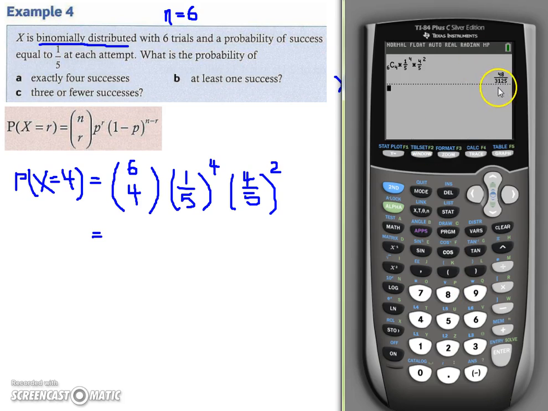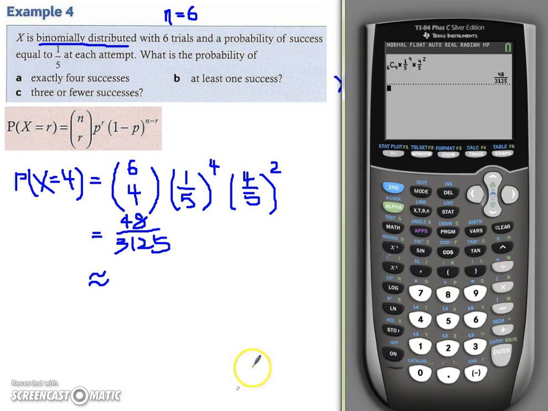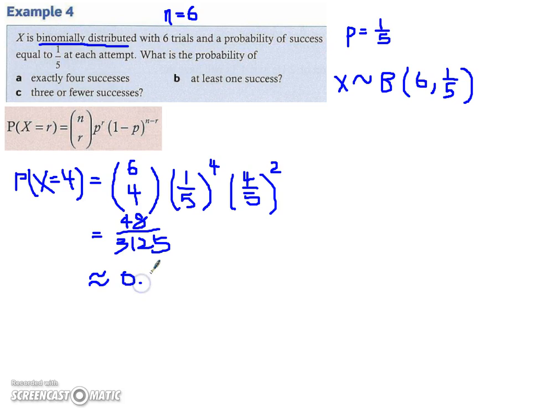Hit enter, you get 48 over 3125, which is approximately, let's change that to decimals, approximately 0.1536.